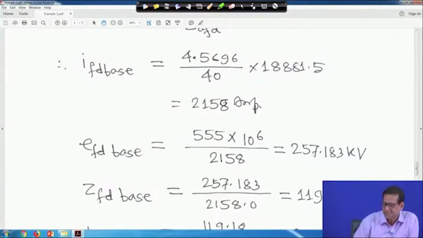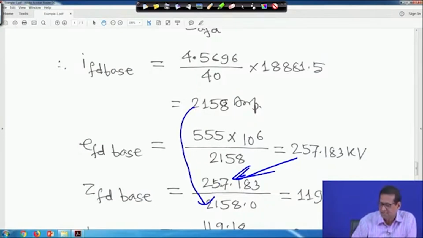Now ZFD base will be EFD base upon IFD base. So EFD base is 257.183 kV and IFD base is 2158.0, which is equal to 119.18 ohm. This is ZFD base.